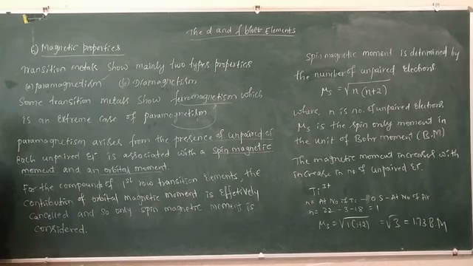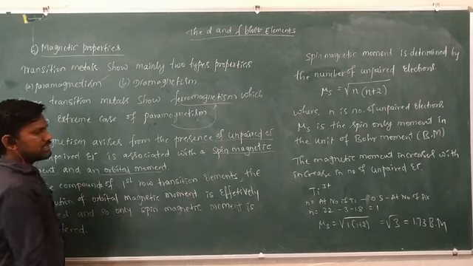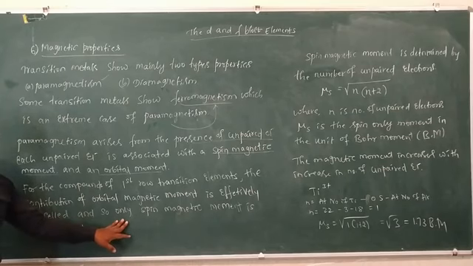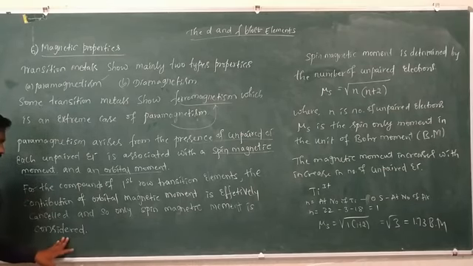For compounds of first row transition elements, scandium to zinc, the orbital magnetic moment contribution is effectively cancelled, so only the spin magnetic moment is considered.